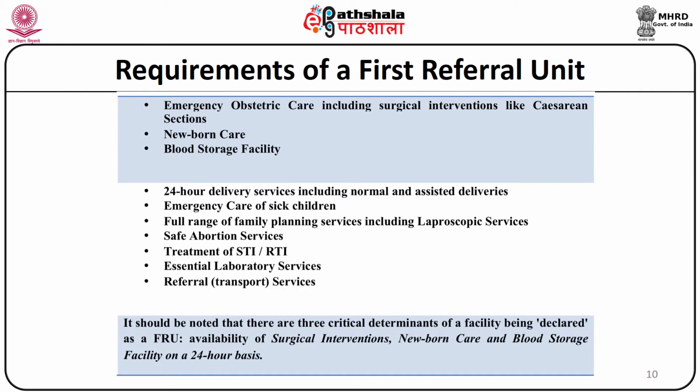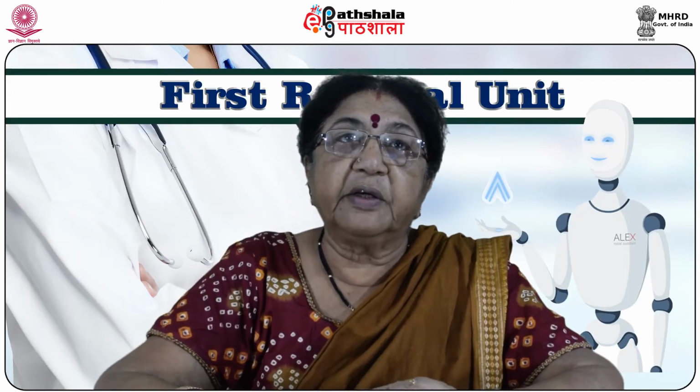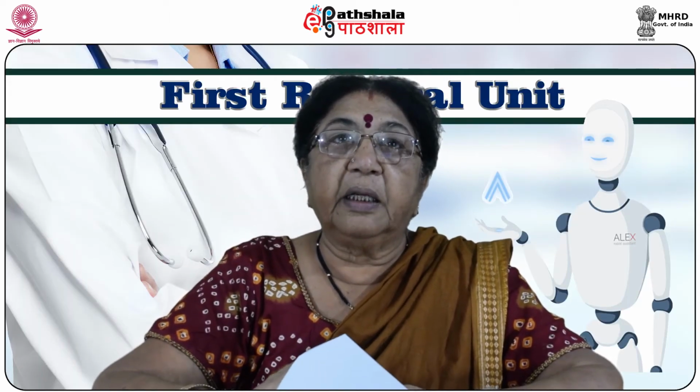Now what are the requirements of a first referral unit? Most important is the emergency obstetric care, including surgical interventions like cesarean sections, newborn care, blood storage facility. These have to be there because a woman can come with placenta previa, she may deliver, she will need blood transfusion, and of course, there has to be a 24-hour delivery service, including normal and assisted delivery.